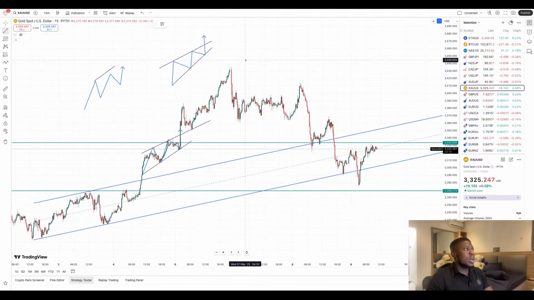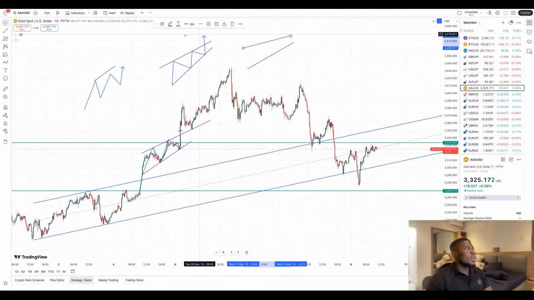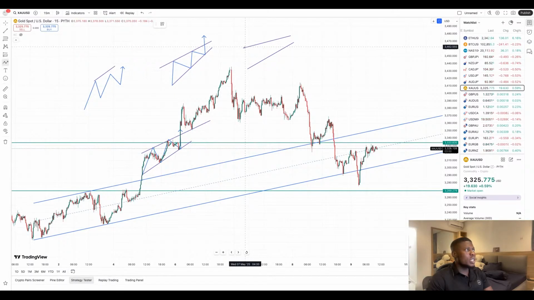If I have another wedge that starts like this, down, up, down, up, the breakout is going to be on the downside. So this is a reversal pattern of a wedge. This is a continuation pattern of a wedge. So you know where a chart pattern is likely going to break out.